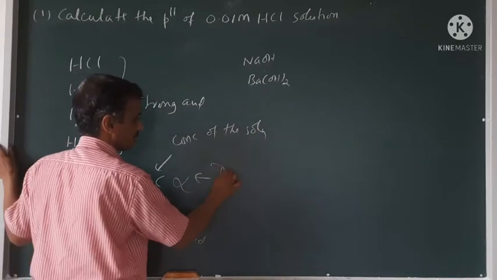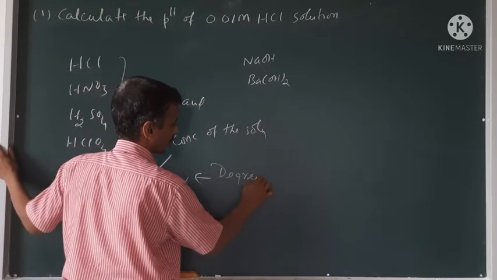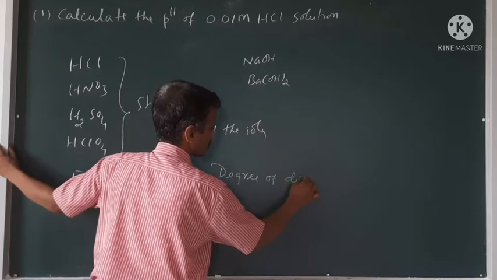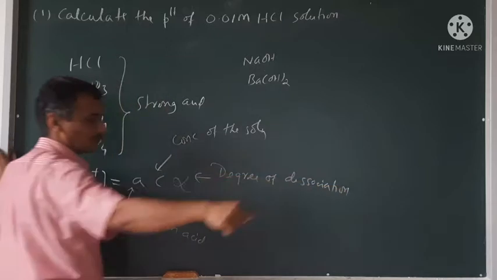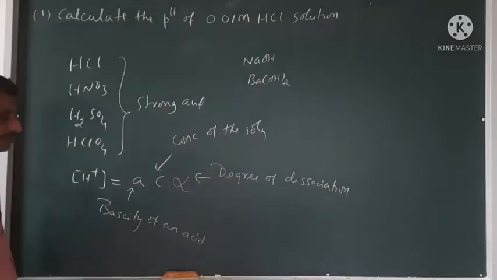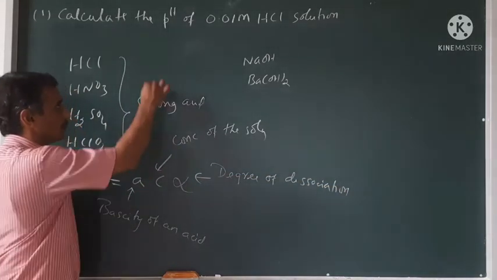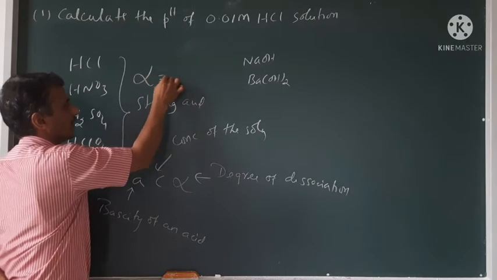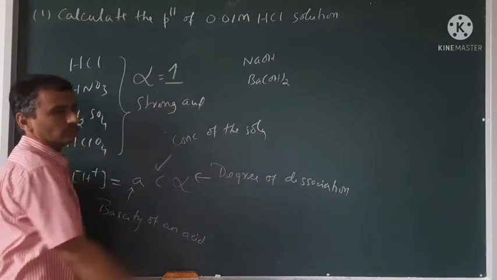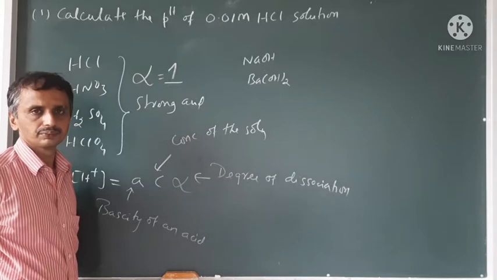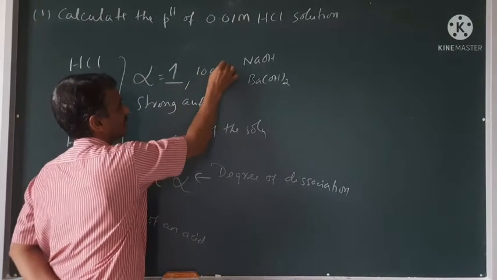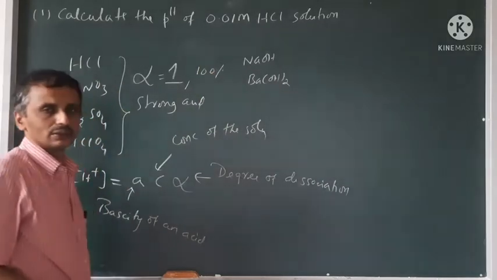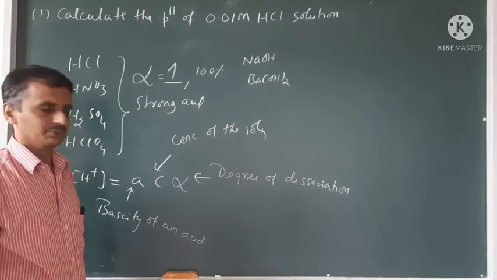Alpha is the degree of dissociation. Note this formula properly. And remember, for a strong acid, alpha is 1 only. Or if I write the percentage, it is 100%. 100 by 100 is 1 only.